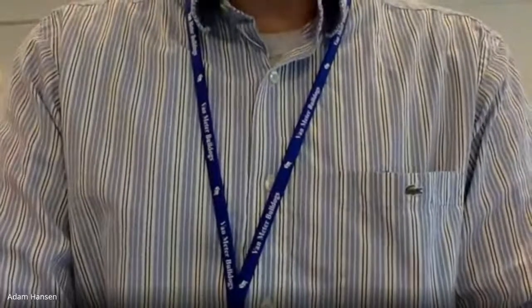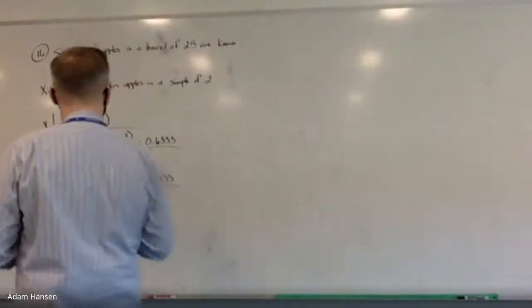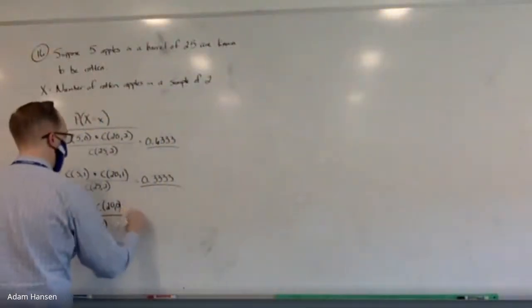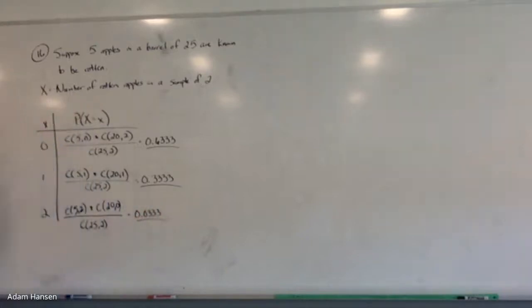I'm not sure about that. I think it's 0.333 if I remember this right from last time. 5 choose 2 times 20 choose none, out of 25 choose 2. 3 1/3%. There is a 3 1/3% chance that we reach in and get 2 unappetizing apples.